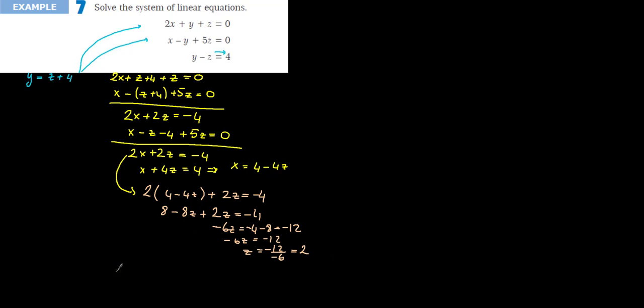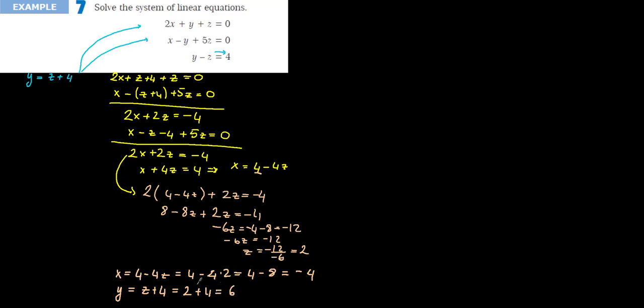If z is equal to 2, I know that x is equal to 4 minus 4z, which is equal to 4 minus 4 times 2, which is equal to 4 minus 8, which is equal to minus 4. What about the y value? y is equal to z plus 4, which is equal to 2 plus 4. So that's equal to 6.